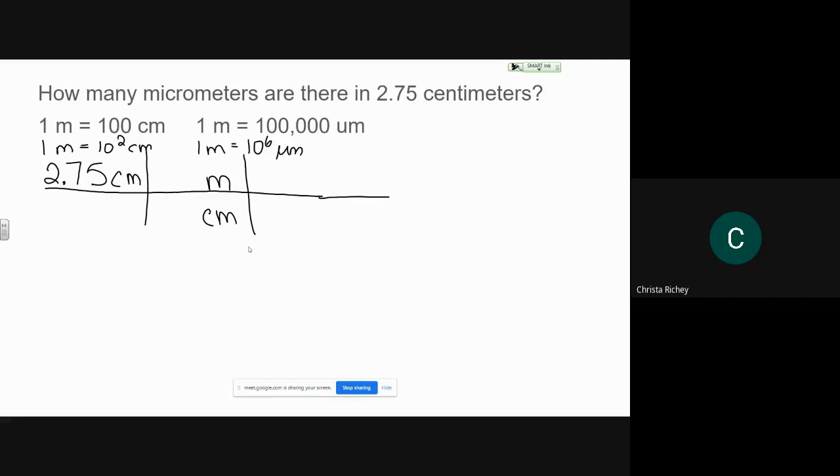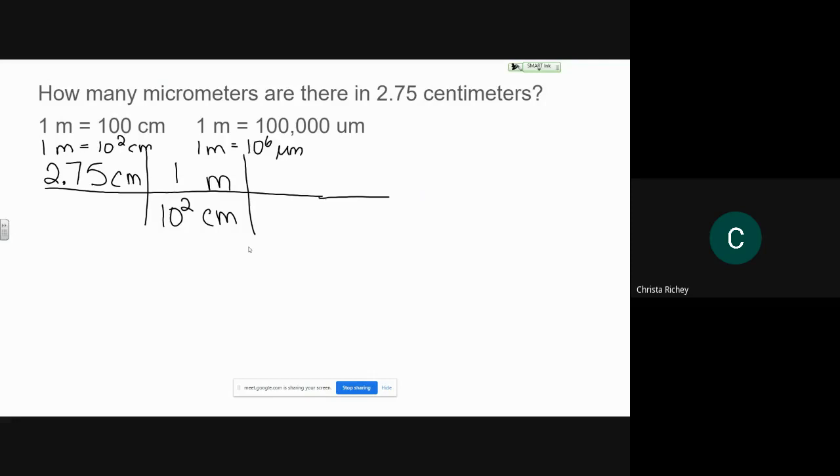The meter or the centi? Meter gets a 1. How many centimeters are in 1 meter? 100, which is 10 to the second. The same thing. If you would rather write 100 there, you can. But centi is, there's 100 centimeters in 1 meter. But if you want to write 100 there, you can. The same thing.